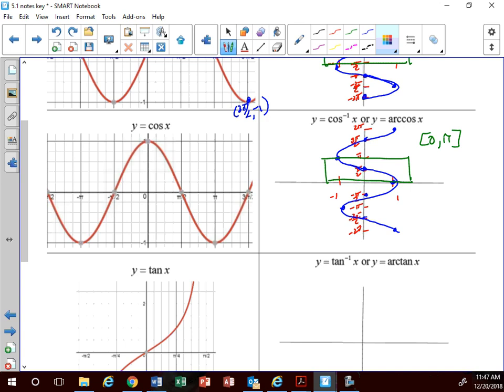All right, try tangent. Clearly going to be more fun. So what do you think happens to those vertical asymptotes? They do become horizontal asymptotes.